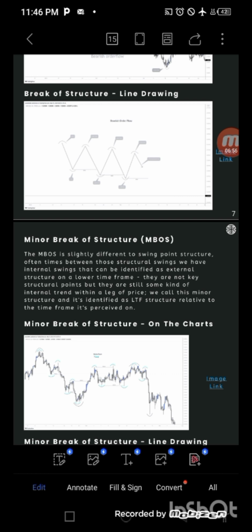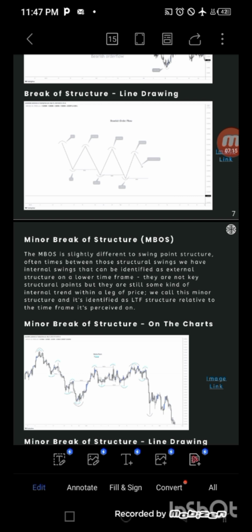So you have minor break of structures. The minor break of structure is slightly different to a swing point structure. Oftentimes between those structures, we have an internal swing that can be identified as an external structure on a lower time frame.